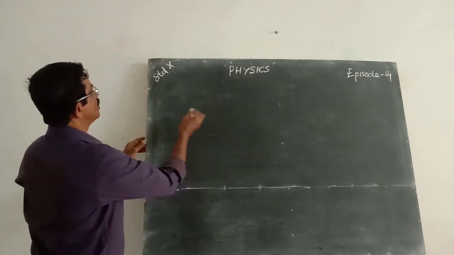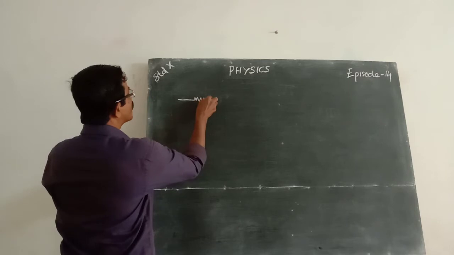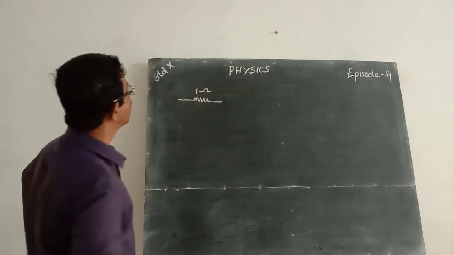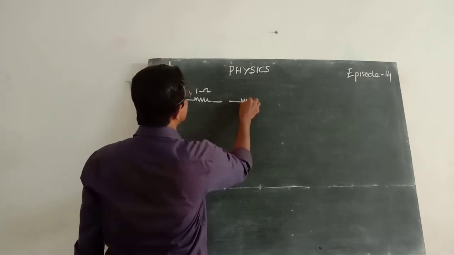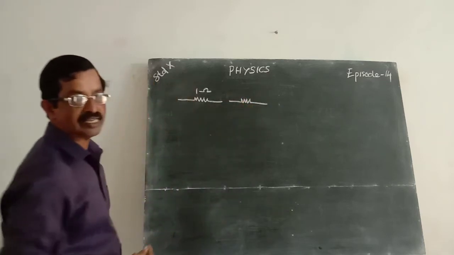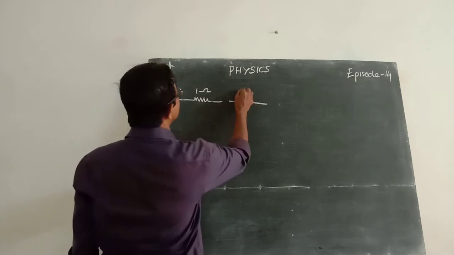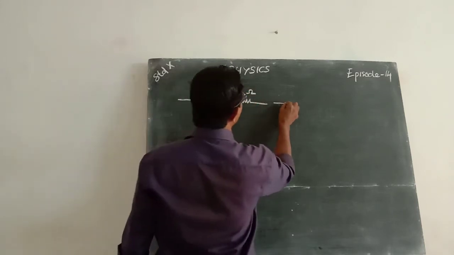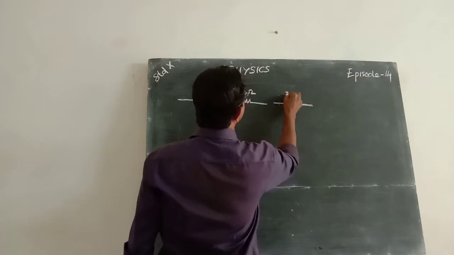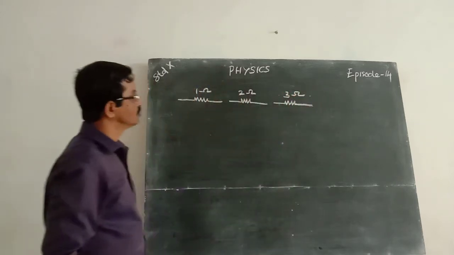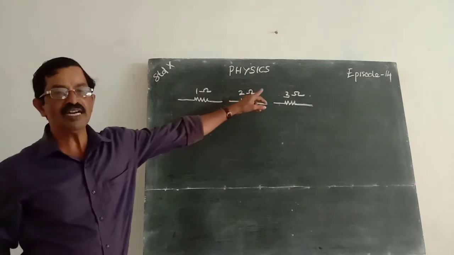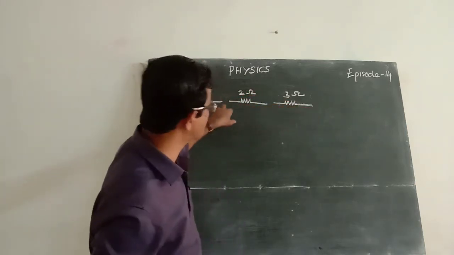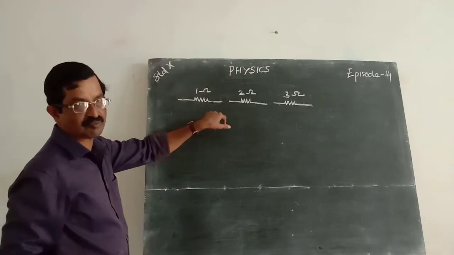Like this is a resistor of 1 ohm resistance, and this one is a resistor of 2 ohm, and suppose this one with a 3 ohm. Now we want to connect these resistors in series.